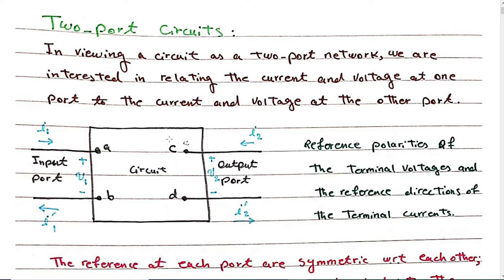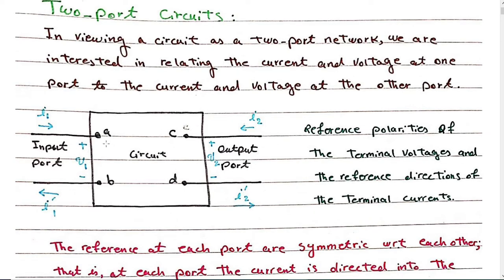Sometimes you see a network like this, and we call it a two-port network. As you can see, there are two terminals as input over here, A and B, and two terminals as outputs, C and D. A current I1 is entering.